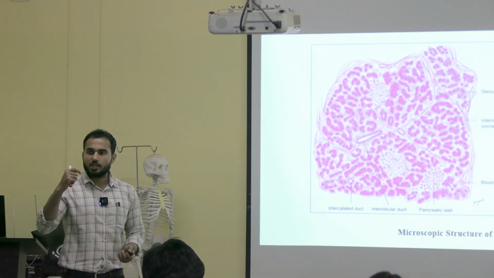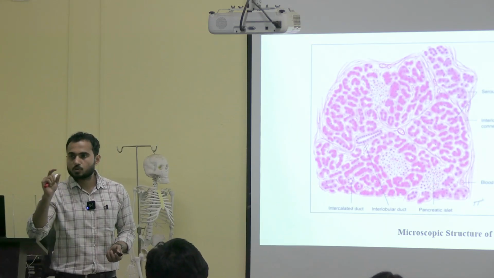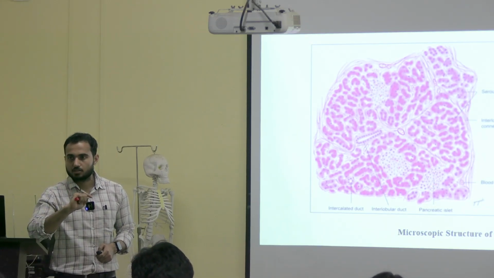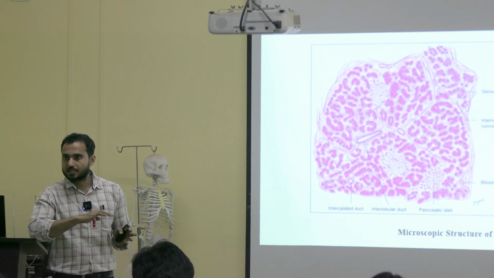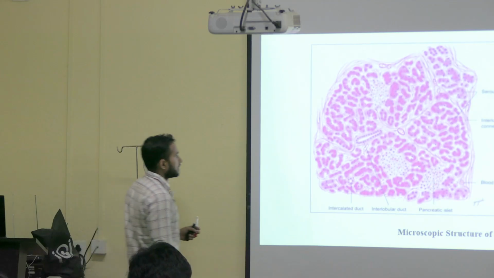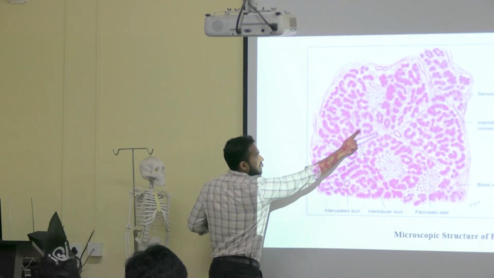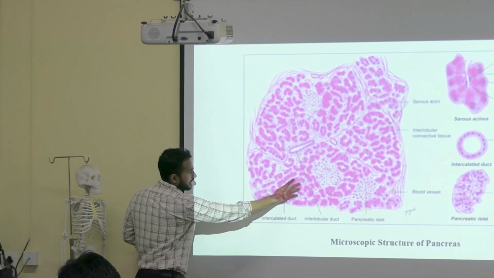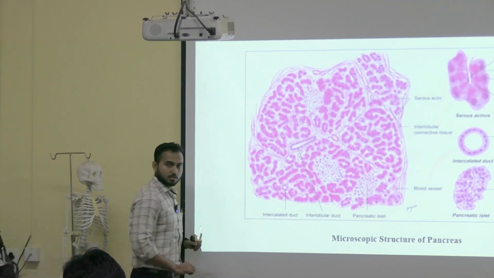You have to note one point: those ducts are always associated with the pancreatic acini. For example, these are pancreatic acini, and along with them here you are getting the duct.